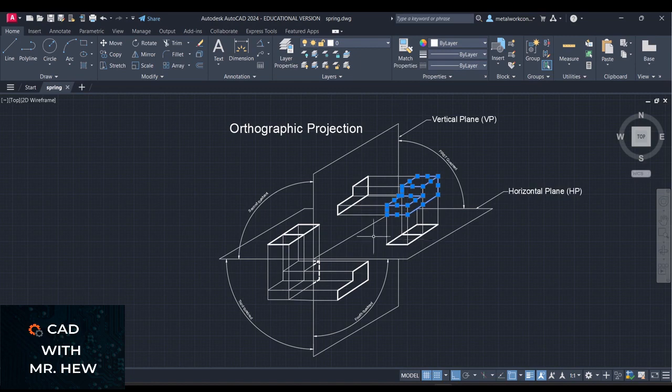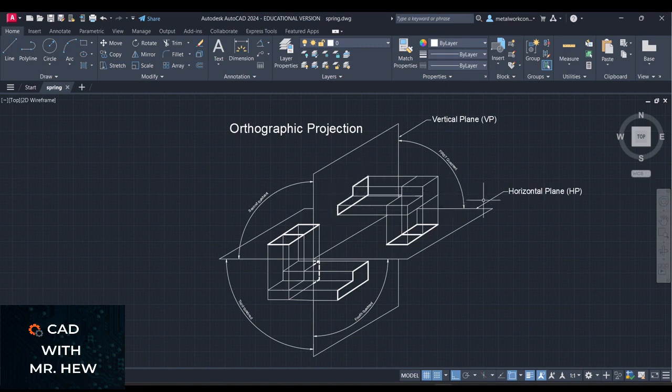So the first orthographic projection that we're looking at is called first angle projection. Here we have the object suspended, as I said, above the horizontal plane and in front of the vertical plane. If we were to project lines from the object perpendicular to the vertical plane, this is the outline of the front elevation.